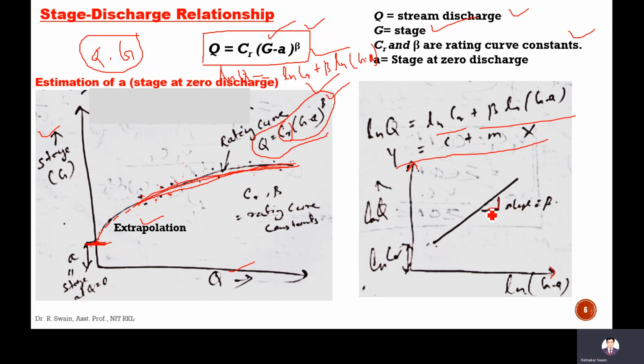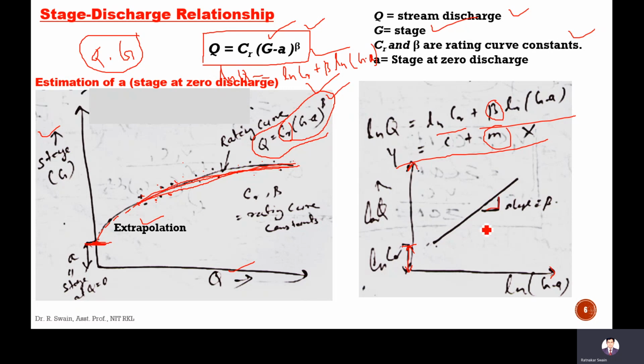The slope of the straight line will give you beta, so beta can be estimated. ln C_R is the intercept, and once ln C_R is obtained, C_R can be obtained.